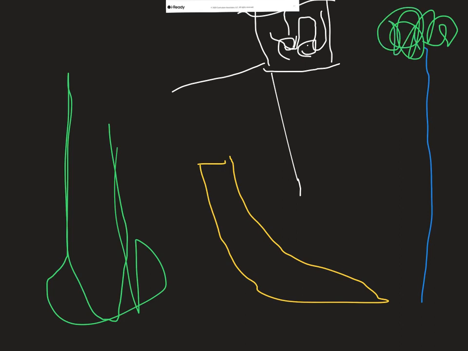That's a tree. Sweet. Very nice. I like the trunk and I like the leaves on the tree. Now it's a little bit more color. What color you want now? Red.